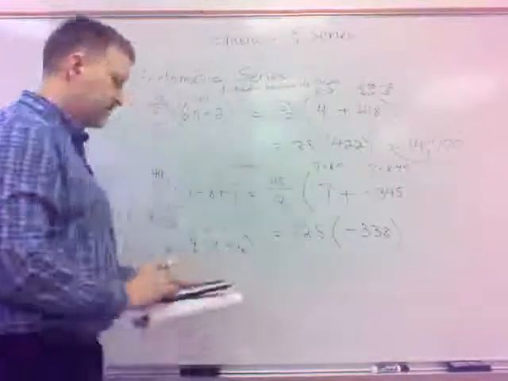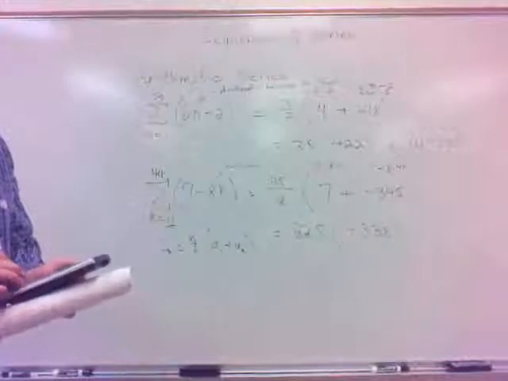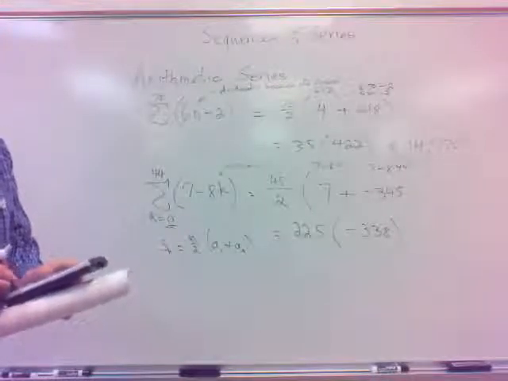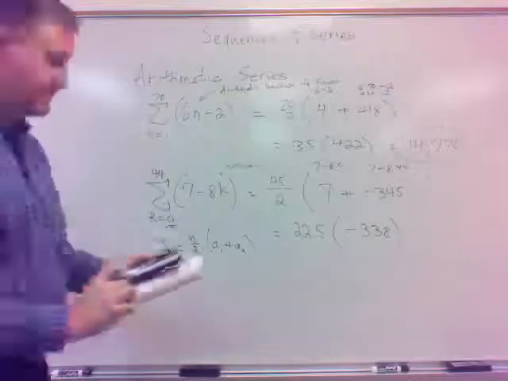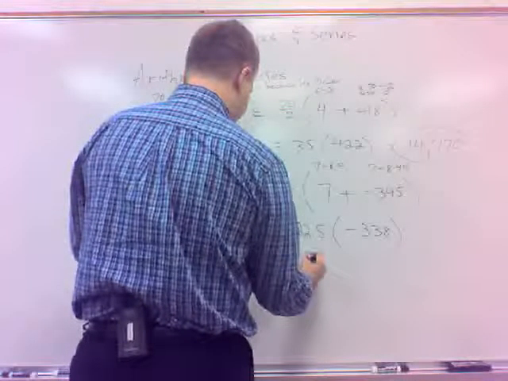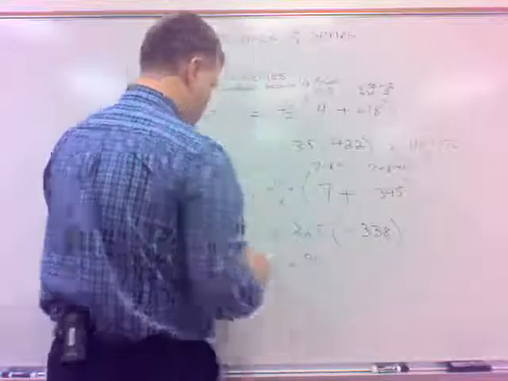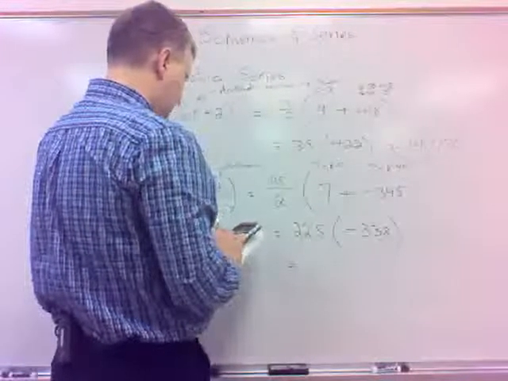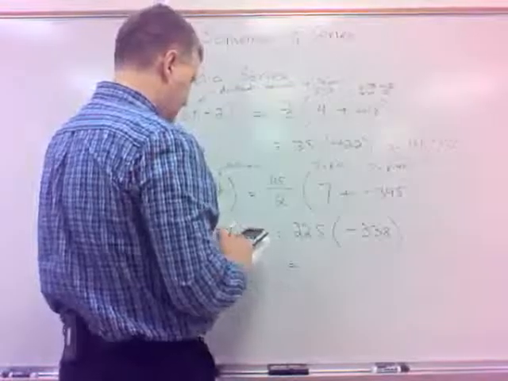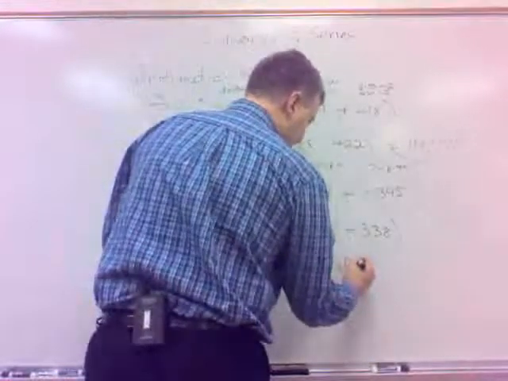And when you multiply 22.5 times negative 338, negative 7605. Is that what you said?